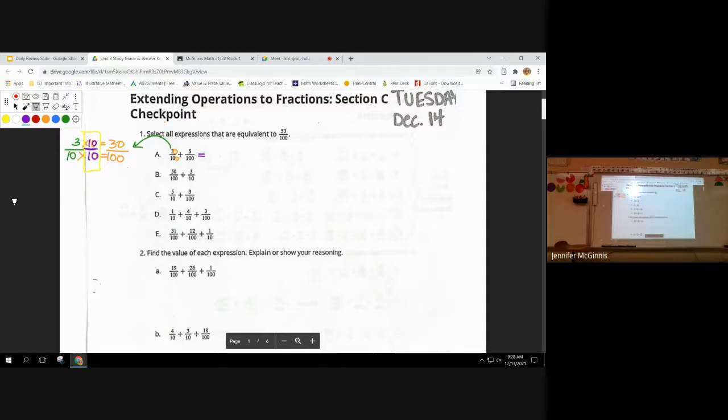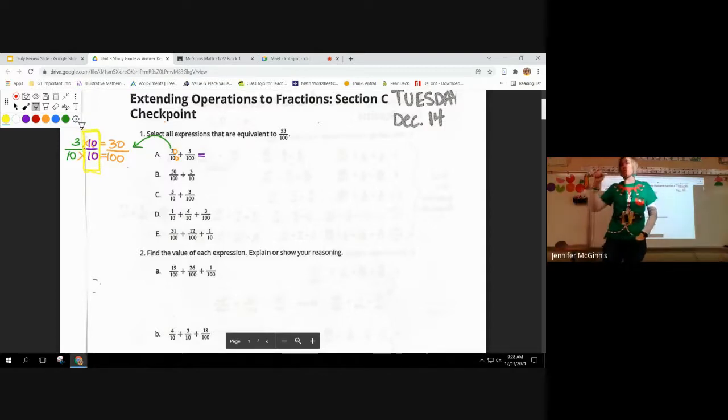It has the same number on the top and bottom. And when it has the same number on the top and the bottom, that means this fraction is the same as the number 1.